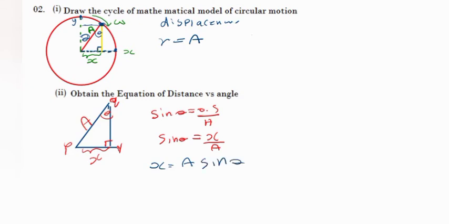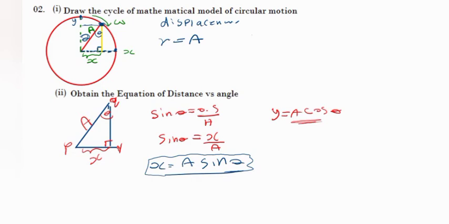This is one of the basic equations you have to obtain, and I'll give you additional data. If you start moving from here, it's going to be y is equal to A cos theta. That is something you have to remember as well, but in this one I'm mainly focusing on the sine theta component.